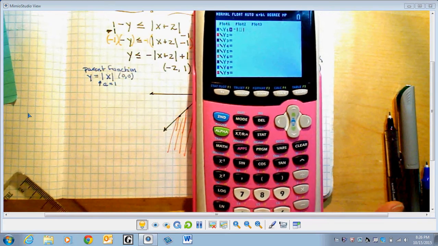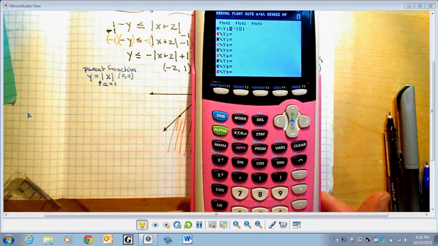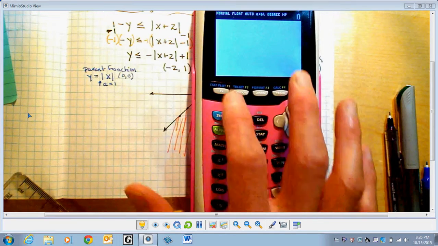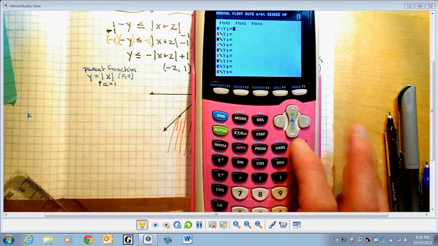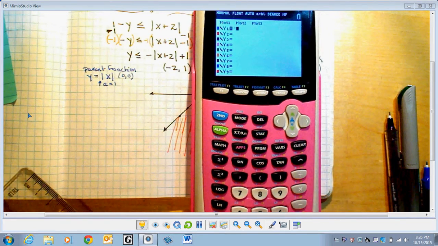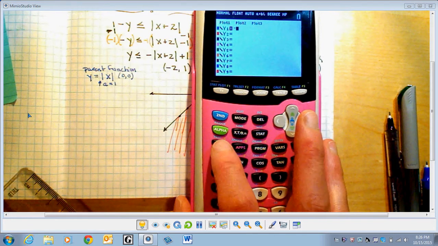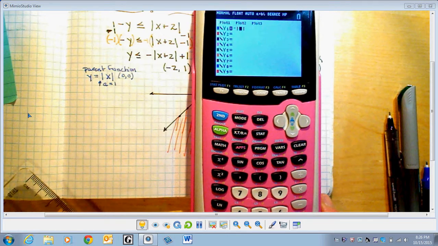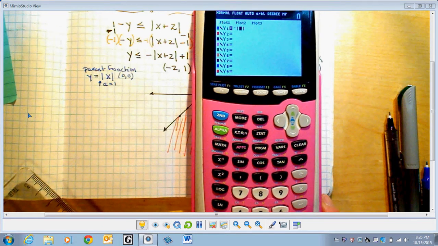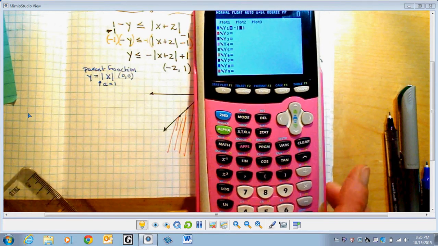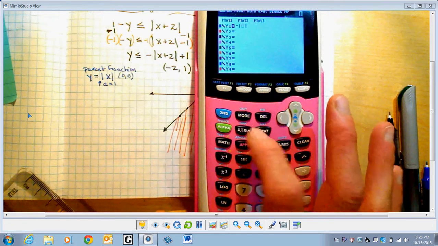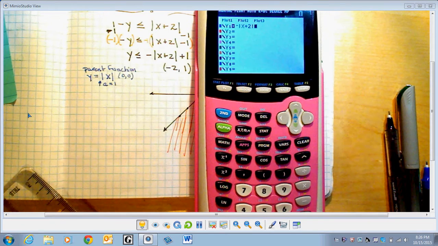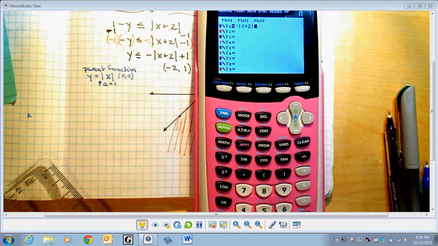Let me clear that. So I'm going to go negative, but to put the absolute value in, I'm going to go math, number, absolute value, and I'm going to put in x plus 2. Then I have to make sure I get outside of that absolute value, and then I'm going to put in plus 1.